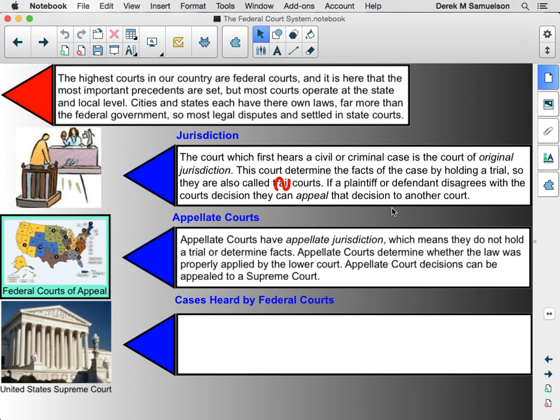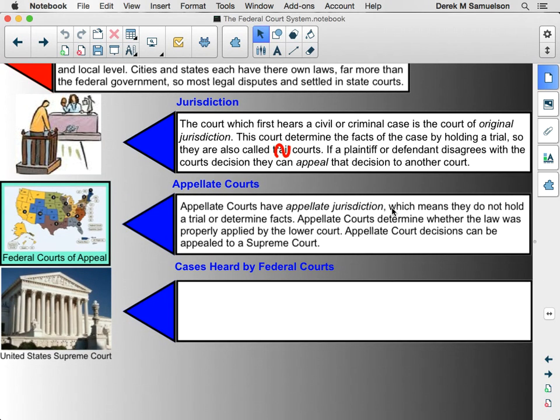All right, appellate courts. So your appeal has been filed and accepted. There's reason for you to have a retrial. The appellate courts have this appellate jurisdiction. They will only hear appeals. They don't hold original trials. They don't determine the facts of a case. They're only going to look at how that case was carried out. Was it carried out effectively and correctly?